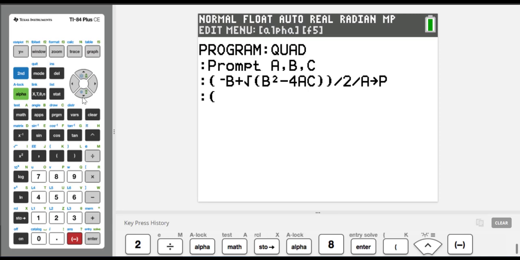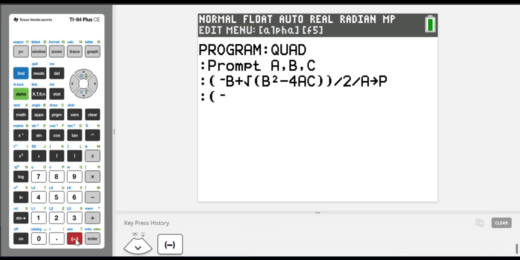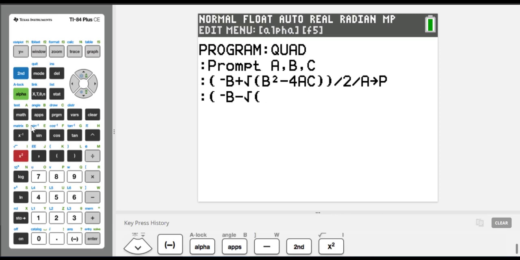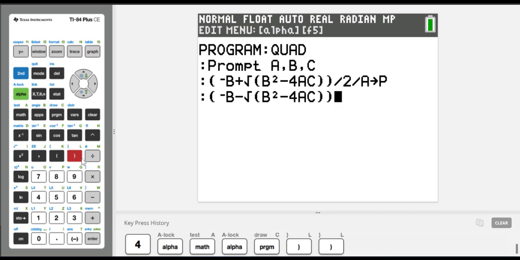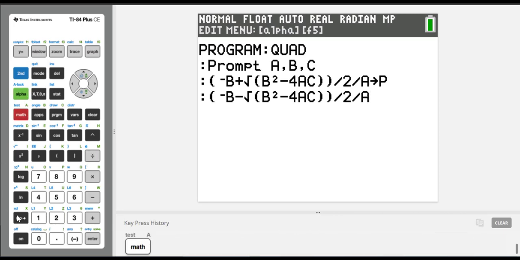Negative B, yeah, there we go. So negative B, alpha B, minus square root alpha B squared minus 4 alpha A alpha C, parentheses, divide 2 divide alpha A, store that for Q.